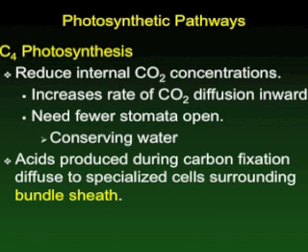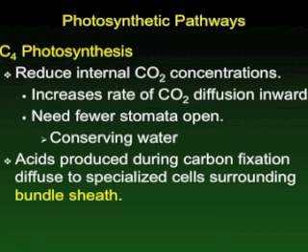That's where the C4 photosynthesis process comes from. And that reduces the concentration of CO2 inside the leaf, causing more CO2 to move in quickly. And that very quick movement of CO2 into the leaves allows the plant to have fewer stomata open, so then they don't lose so much water in that arid environment.